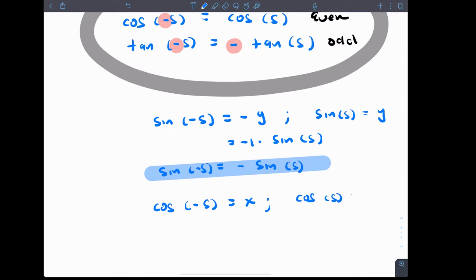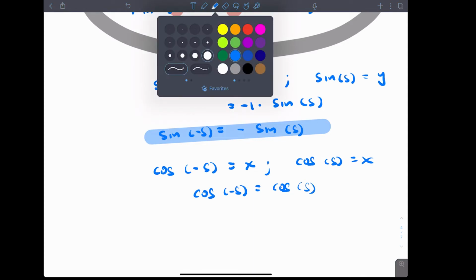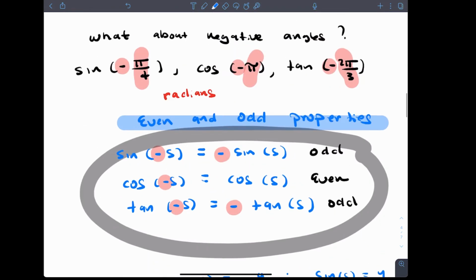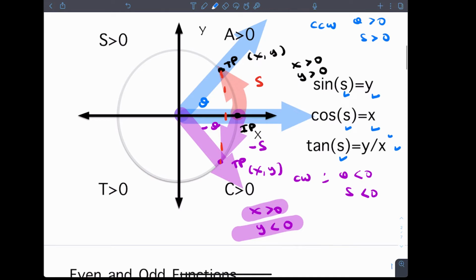Cosine s is the same as x. So we have cosine minus s is cosine of s. And ladies and gentlemen, this is where they get the second property, the even property, because back in here, remember what doesn't change? The x coordinate is the same. It's the y coordinate that is now opposite.